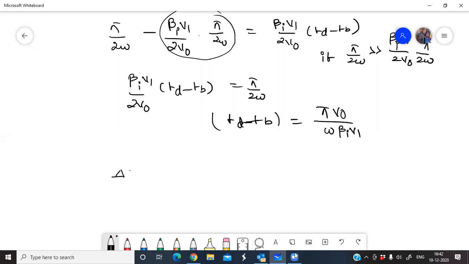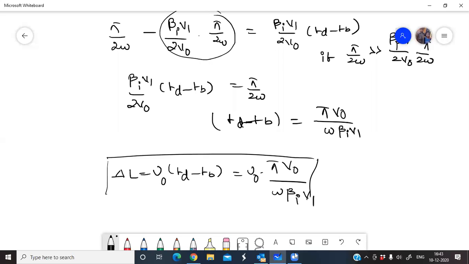Now delta L, what is the formula actually? Small V naught into TD minus TB. From this you can write V naught into pi V naught by omega beta I V1. This is one of the most important equations.